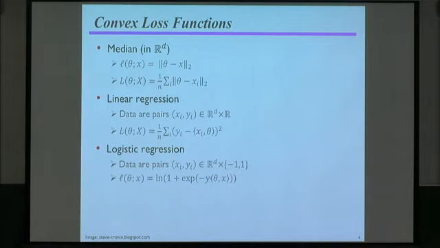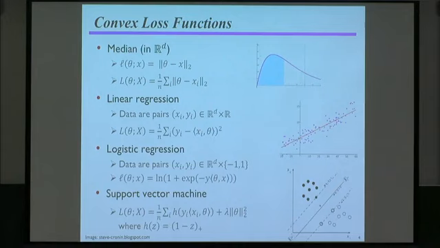It's a similar thing where your loss function is given by this logistic loss. And a support vector machine is yet another similar example where the loss function is given by this hinge loss, a piecewise linear function that is 0 on half the line and has slope 1 on the rest of the line.